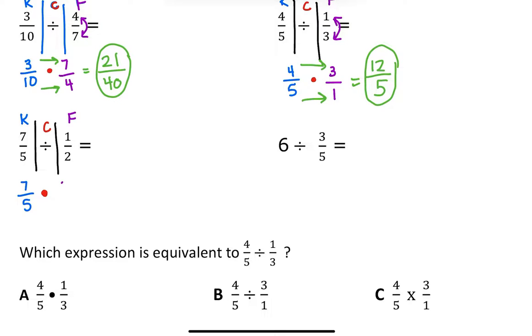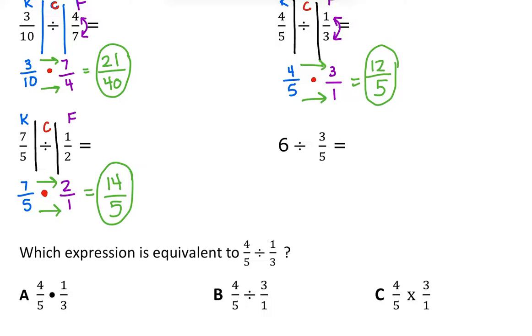So I get 2 over 1, and then we are going to multiply top times top, bottom times bottom. Again, we get 14 over 5, and that is okay to leave it like that.